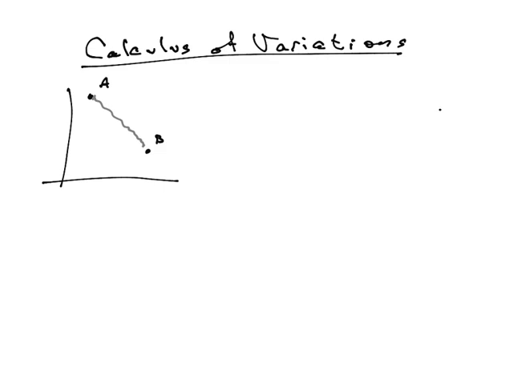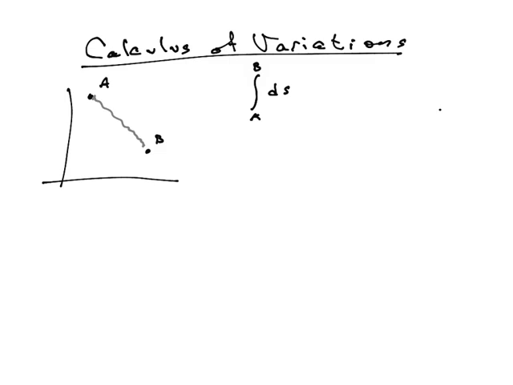We're going to use the calculus of variations, and that is to say, if we want to know what is the distance from A to B, well, we are going to integrate from A to B the little differential distance.